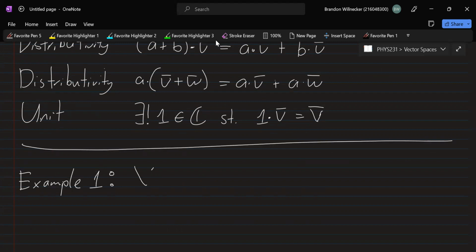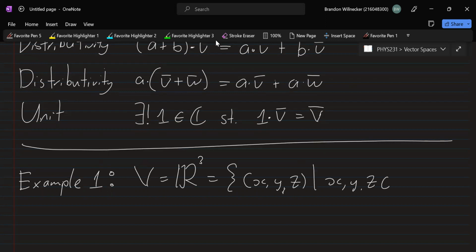We choose our set V to be R3. Remember what that is: the set of (x, y, z) such that x, y, z are real numbers. So it's the 3-tuples of real numbers. Now that's just the set, so there's nothing too special about that.